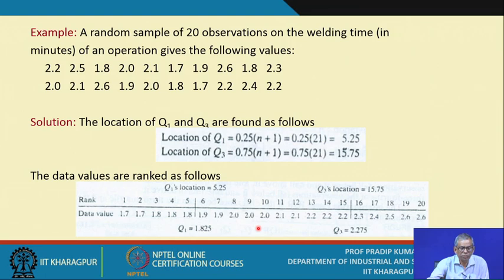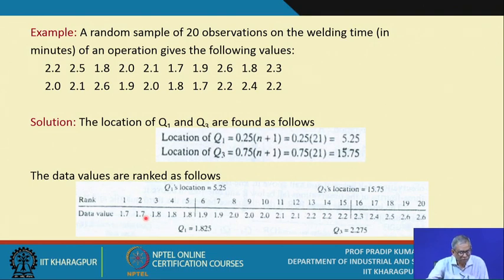Here in an example, you have 20 observations, with values like 2.2, 2.5, 1.8 and so on. How do you determine the location of Q1 and Q3? You simply apply the formula: 0.25 times 21, where 21 is n plus 1, that is 20 plus 1, giving 5.25, and similarly the location of Q3 is 0.75 times 21, that is 15.75.